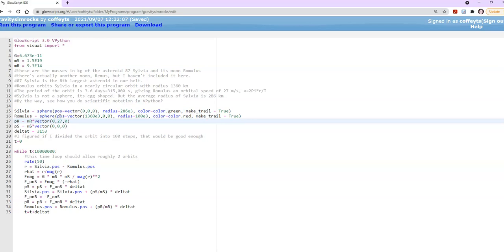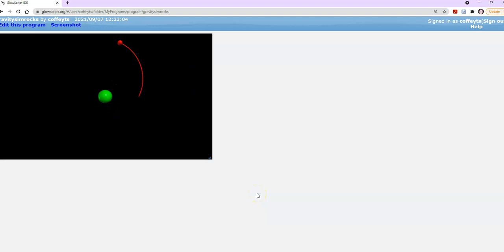But if I give it an additional motion in, say, the X, then that would give it some speed away from or towards Sylvia, right? And so let's see what happens then. Well, now see, I've got an elliptical orbit, okay? So that's a different situation.